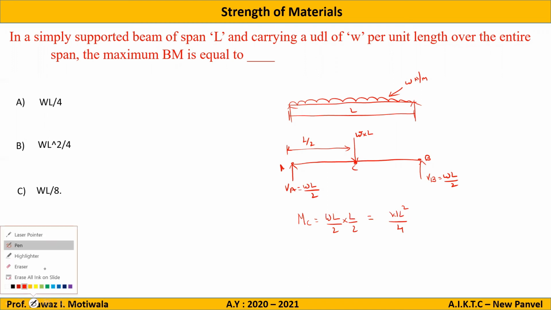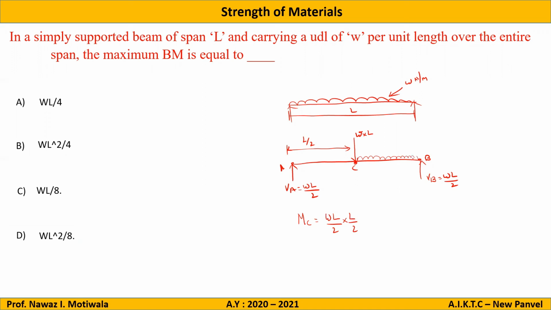And the student marks this as the answer, which is the wrong one. Now, why is it wrong? Just observe. You have considered the moment of this force, VB, but there is also a UDL in this particular part. For this UDL, there will be a force acting here with the value of intensity multiplied by length. Length here will be L by 2 and it will be acting at a distance of L by 4 from here.